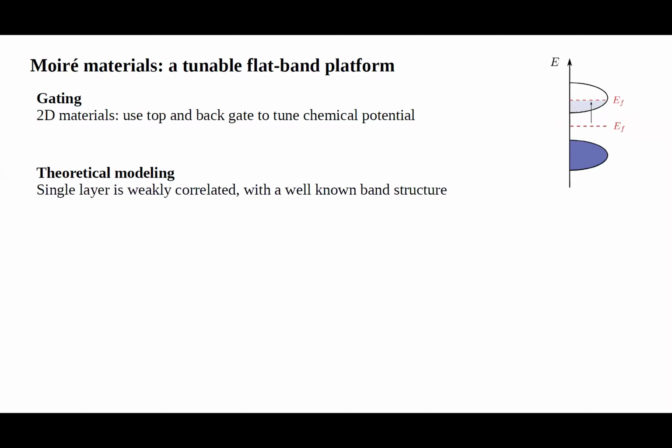So what I mean by that is the single layer is weakly interacting, and so you know its band structure relatively well, either from first principles or from experiments. And so you can use that to build some relatively simple models, and those can give you an idea of the band structure of a moire material and point to you where you should be looking and have a rough idea of where the band structure should be relatively flat.